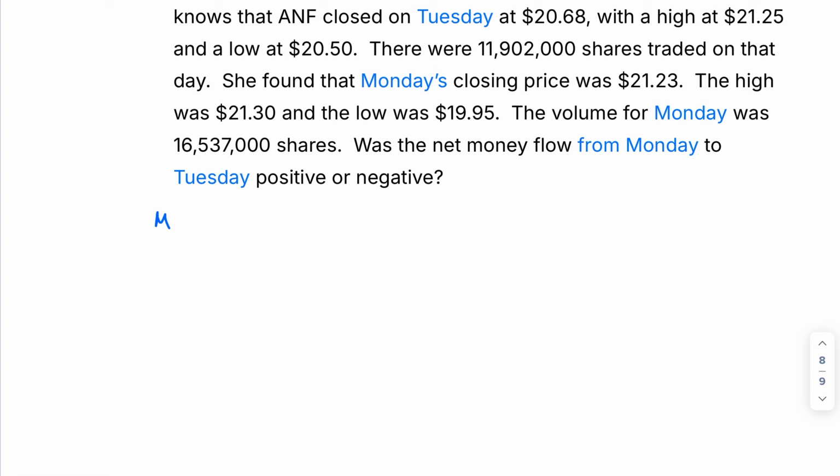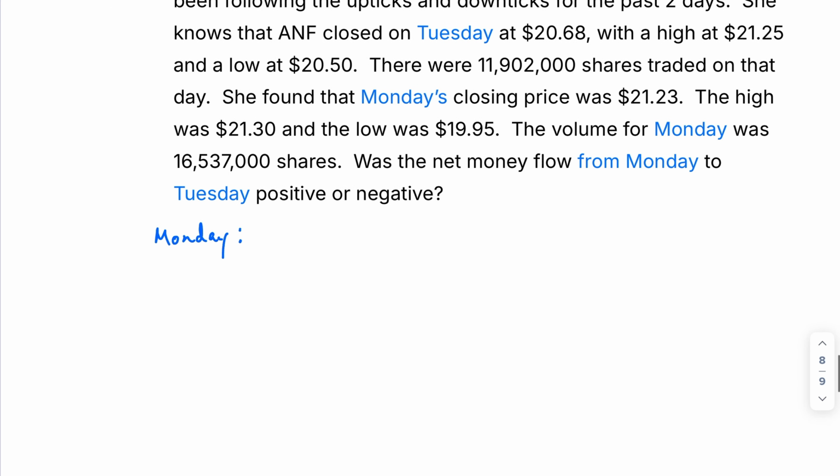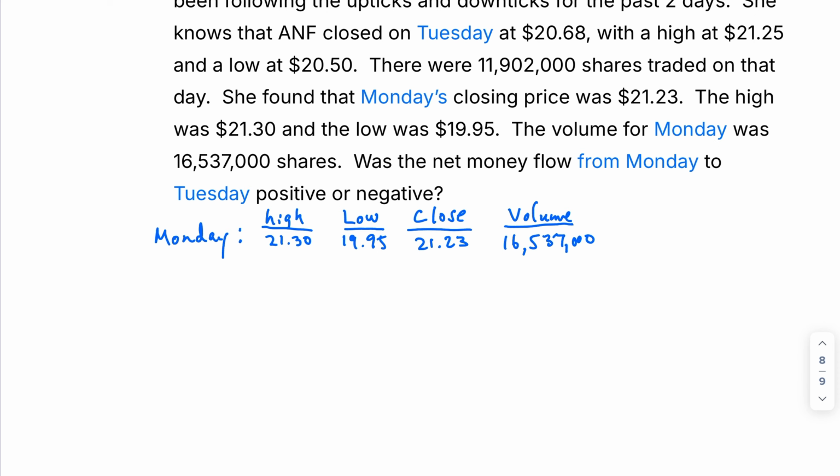On Monday, we have a high of $21.30, a low of $19.95, and a close of $21.23, and the trading volume was 16,537,000. So that was Monday.